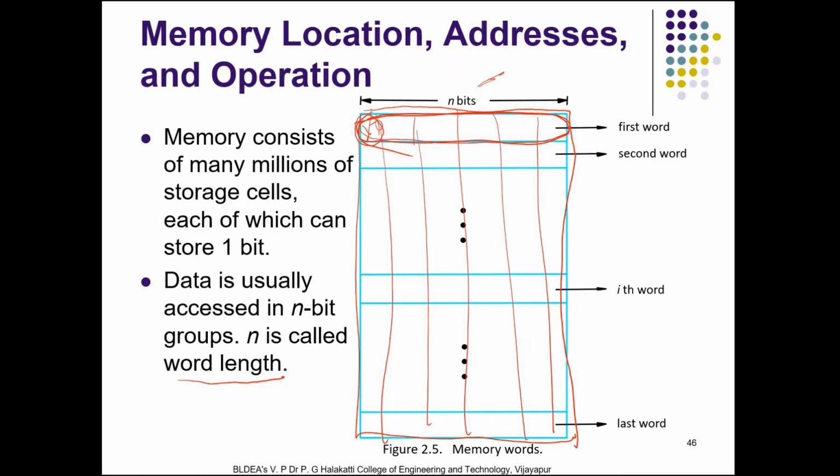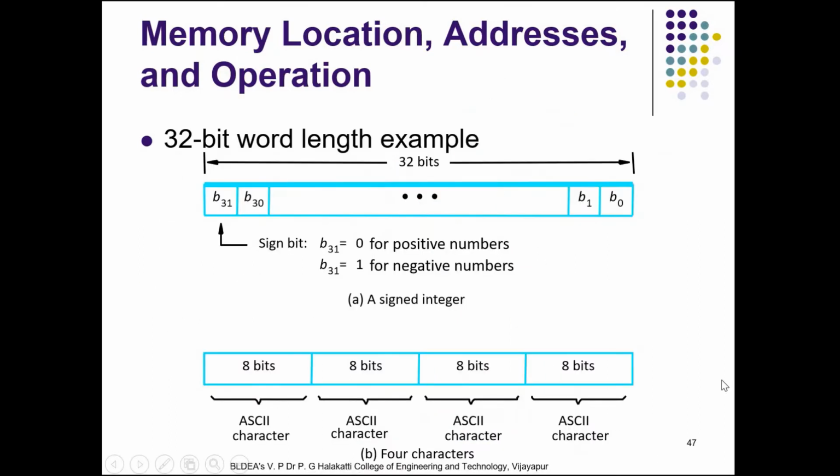Suppose we assume that in this memory, each word is stored in a new row like this. So this will be the first word, this will be the second word, that is, word by word. This will be the ith word and the last word will be stored here.